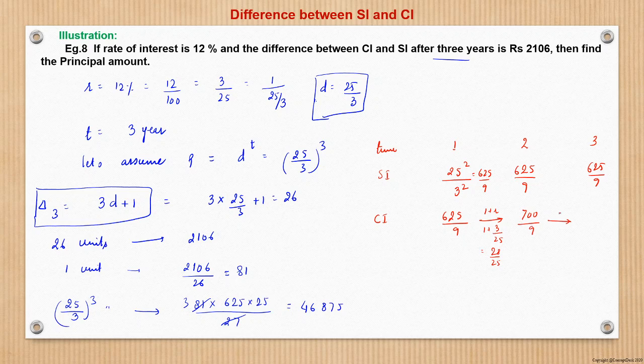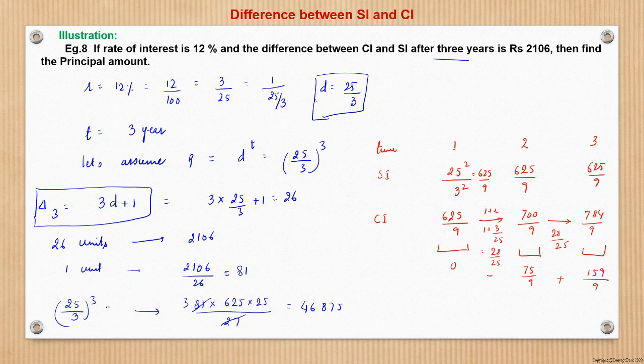Then further from here we will again do the same thing, multiply by 28 by 25 to get 784 by 9, right? So now we have obtained this. The difference we have to find. So here difference is 0, here difference is 75 by 9, and here the difference is 159 by 9.